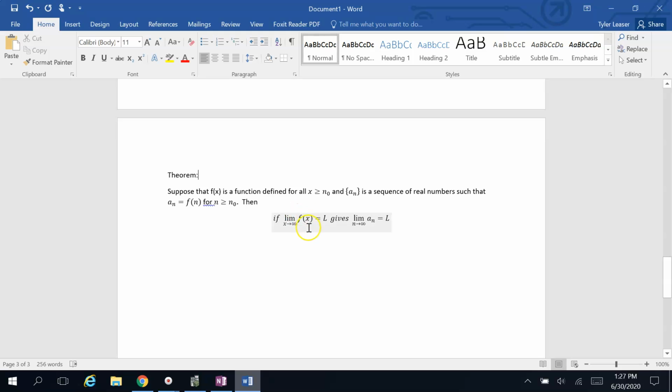Then, if the limit of the function f of x equals L, this gives that the limit as n goes to infinity of a sub n equals L. All right, what this is saying is that if you have a sequence and if you replace the index of that sequence with the variable x and it becomes a continuous function, then we can just treat our sequences as continuous functions. All right, this will be better explained when we get into some examples. These examples can be a little bit long, so I'm going to make them in the next video.